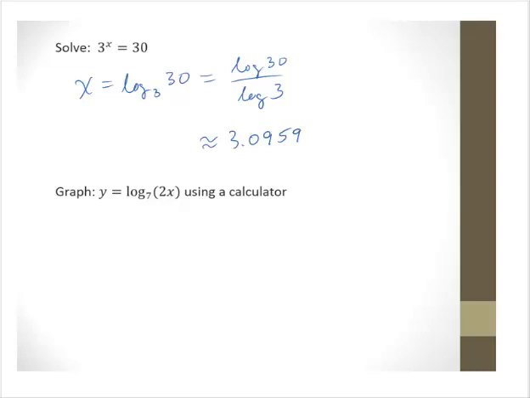What if we wanted to graph a logarithmic function on the calculator, but it wasn't the common log or the natural log? Use the change of base. If y is equal to the log base 7 of 2x, that's the same as the common log of 2x over the common log of 7.